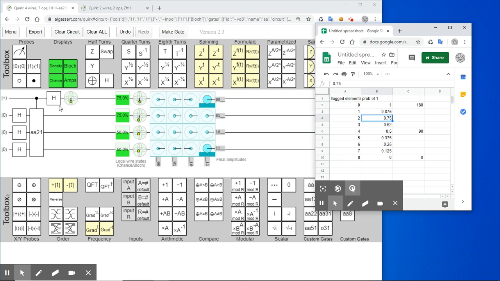But you can definitely do it like this. You can measure with a Hadamard, and honestly you could do quantum counting like that without QPE. Because if you sample that, then you already know how to map to the number of flagged elements, so you don't really need to guess the phase.